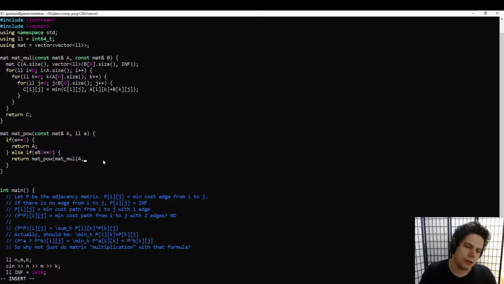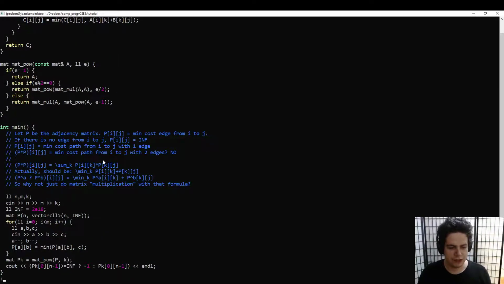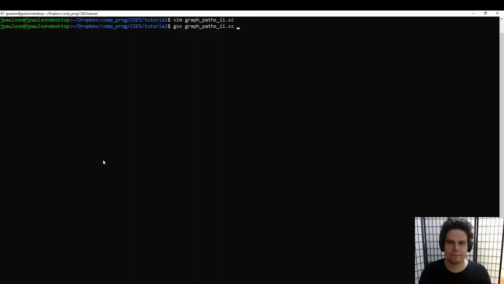Mat mul, A A, right, this is the magic exponentiation by squaring trick. Not magic, but cool. Anyway, otherwise we just take off the power of A, and that should actually be it.